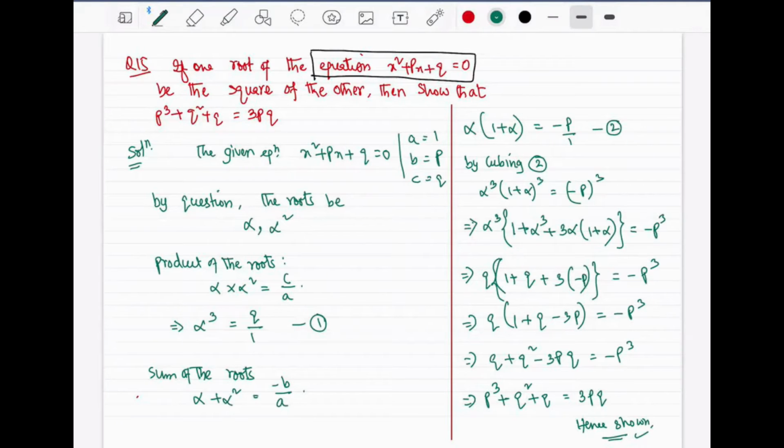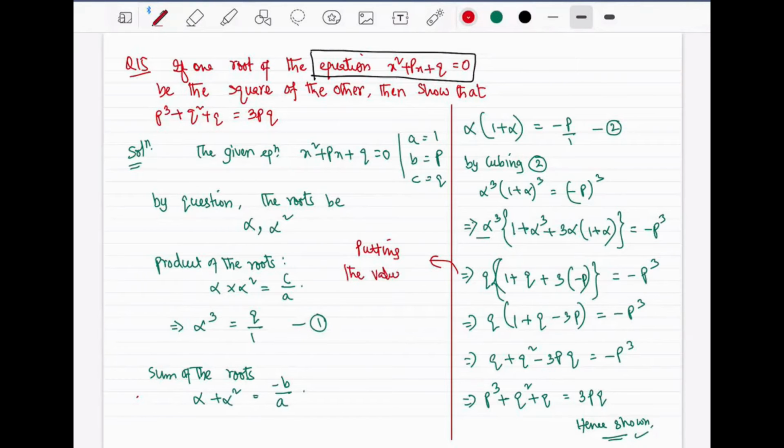So here, where do we get the values for alpha cube and alpha 1 plus alpha? We get it from equation number 1 and equation number 2. So here you just mention putting, what values did we put here?